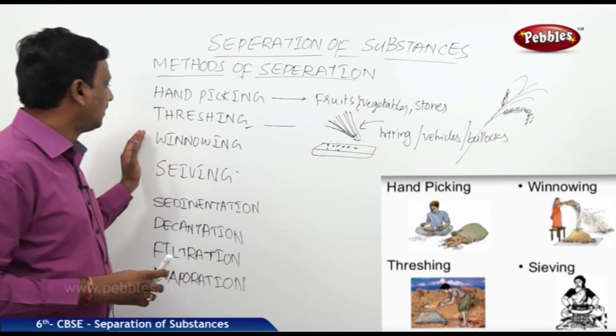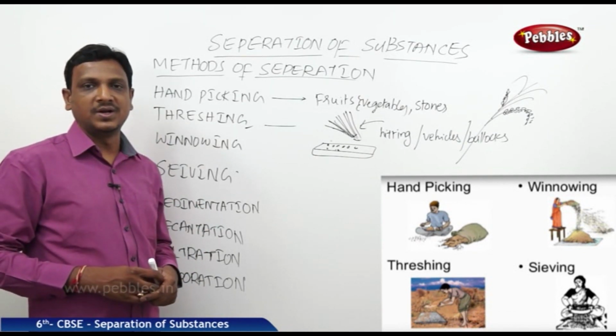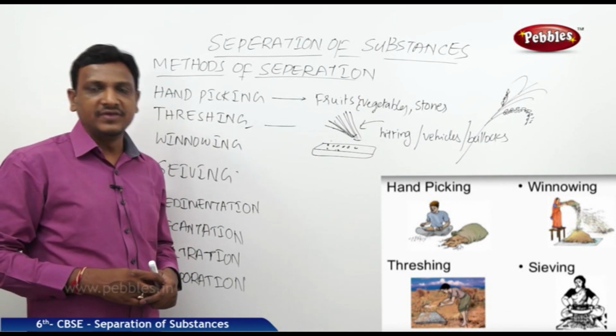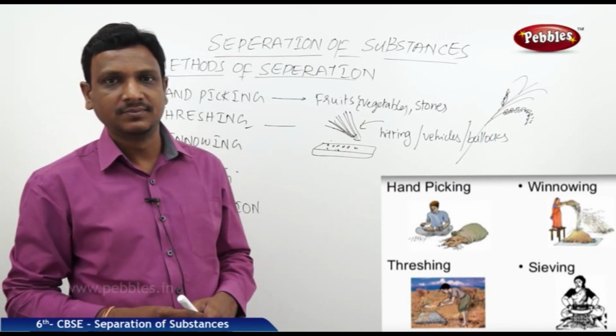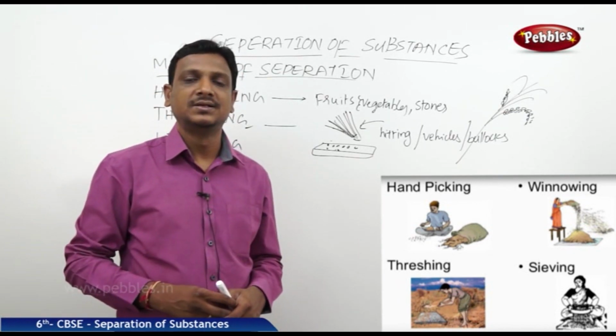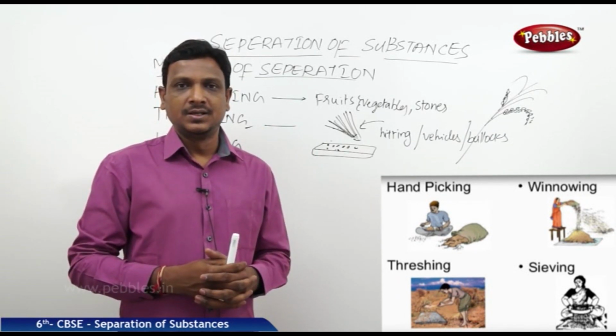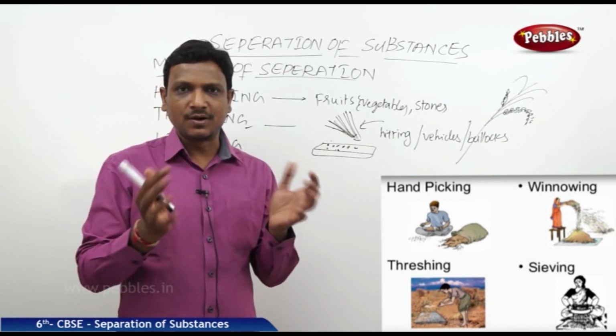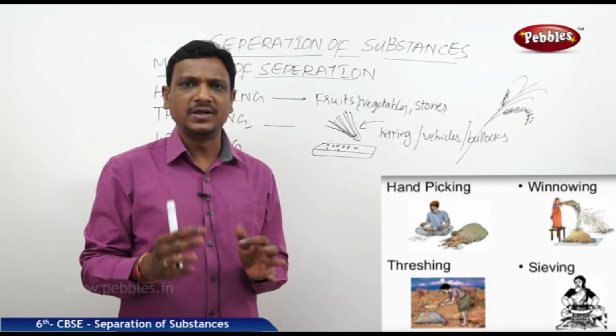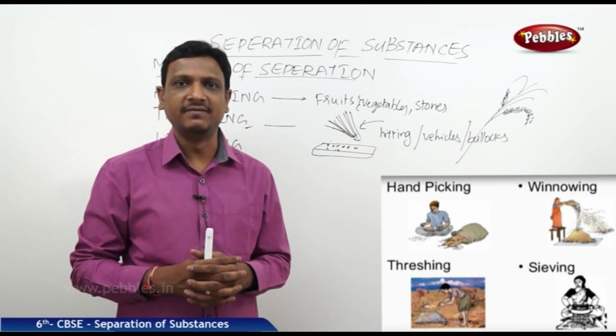Now, the next one, winnowing. What is this winnowing? Winnowing is a method of separating two or three substances that have different weights. You have a mixture of two or three components. In that mixture, some components are very light, some are heavy.